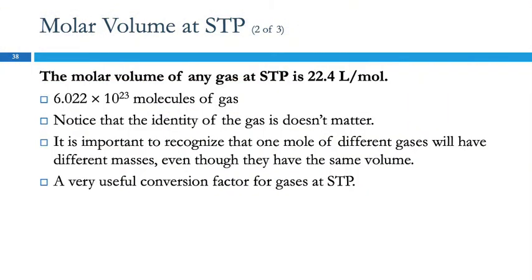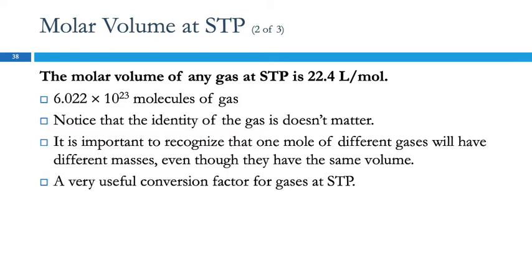This is a very useful conversion factor. If the gas is at STP and we have its volume and we want to know how many moles of gas, there it is. We just use this as a conversion factor. Remember that 1 mole of a gas is 6.022 times 10 to the 23rd molecules. This molar volume of a gas is true of any gas.